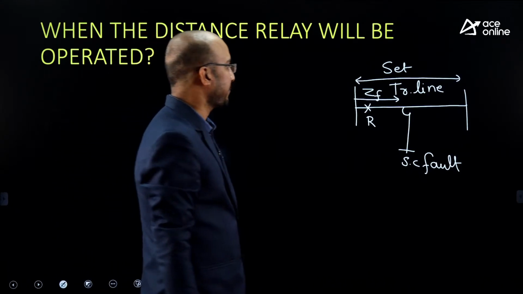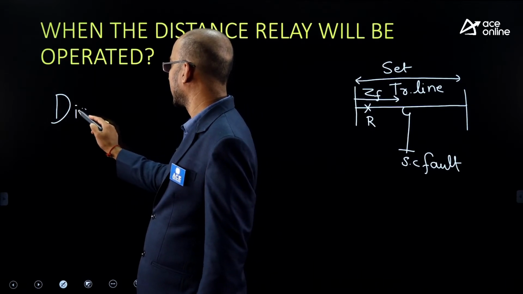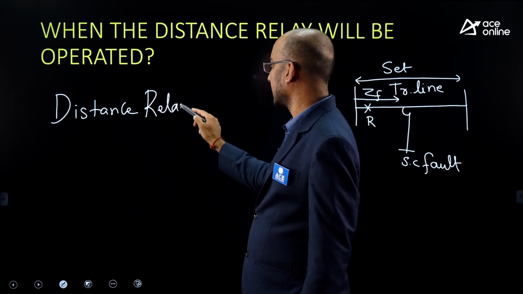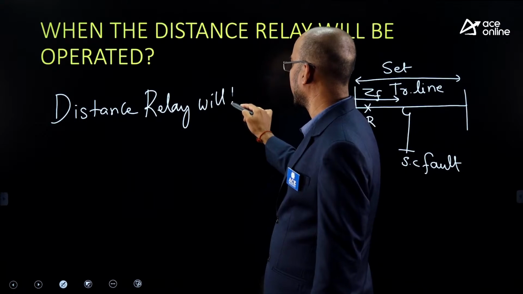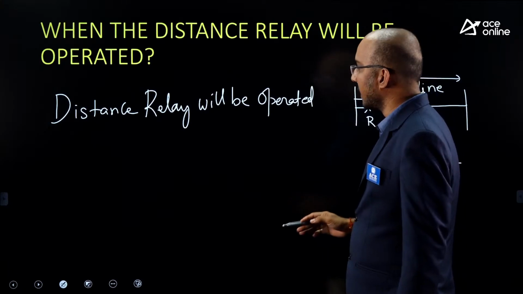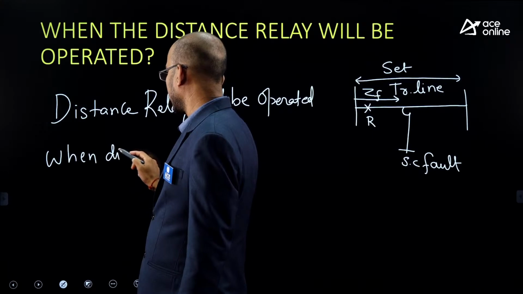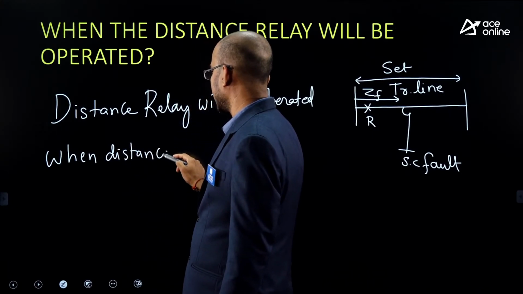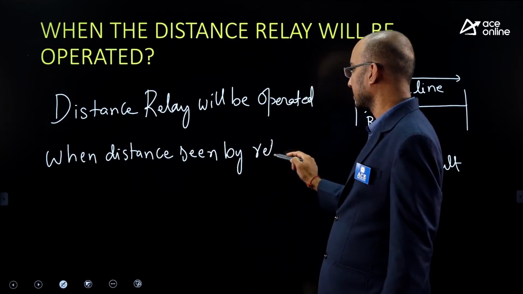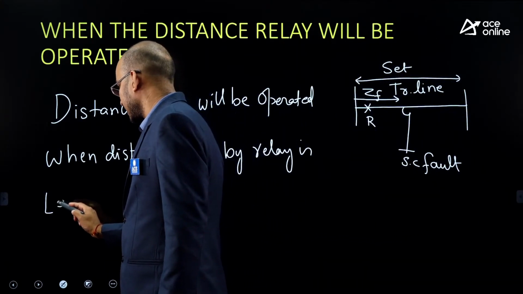So, what we can say is, the distance relay will be operated when the distance seen by the relay is less than the set distance.